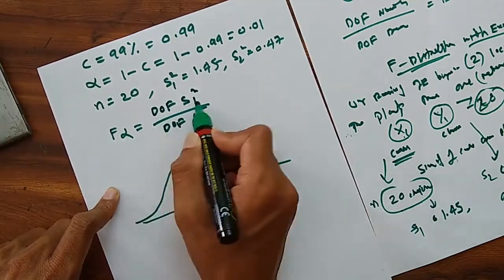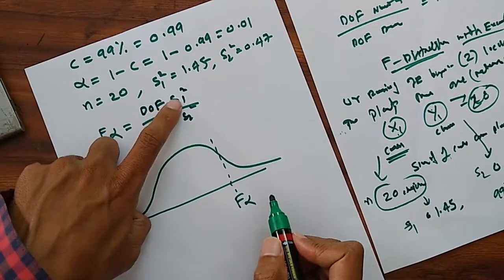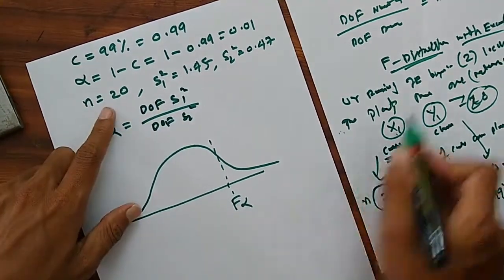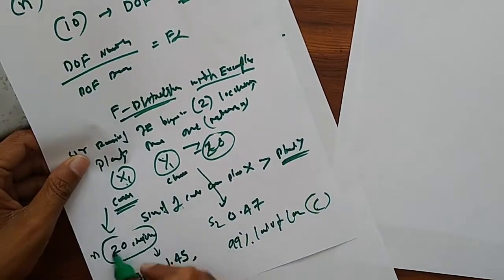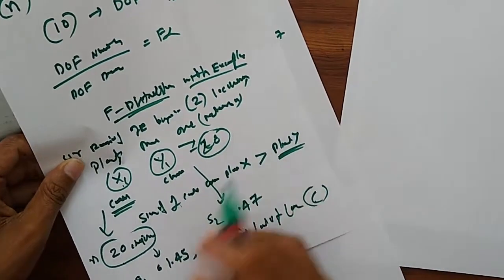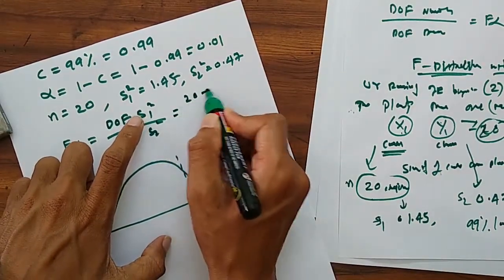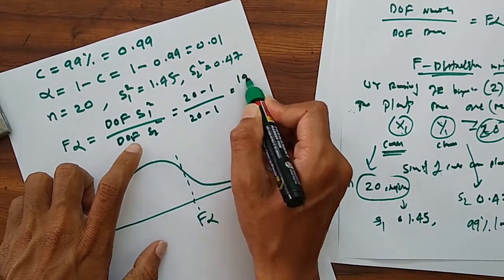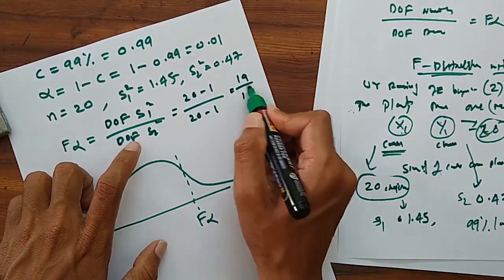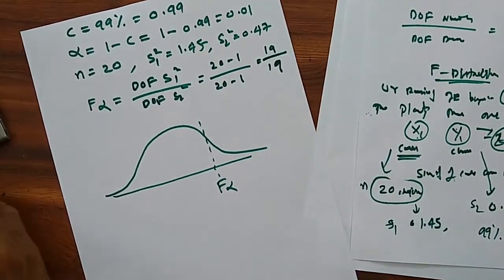As said earlier, degree of freedom equals sample size minus 1. In both cases we took only 20 cell phones, 20 sample size. So the first sample is 20 minus 1 and the second sample is also 20 minus 1, that is 19 by 19. This is our F alpha.